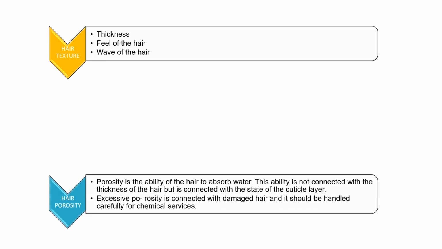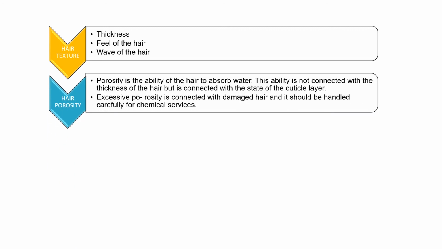What is hair porosity? Porosity is the ability of the hair to absorb water. The ability is not connected with the thickness of the hair, but with the state of the cuticle layer. Excessive porosity is connected with damaged hair and it should be handled carefully for chemical services.